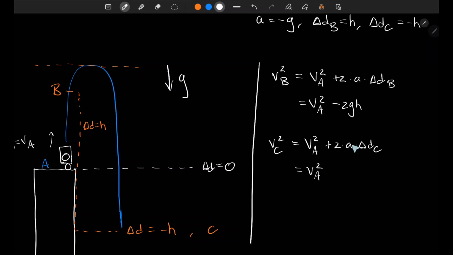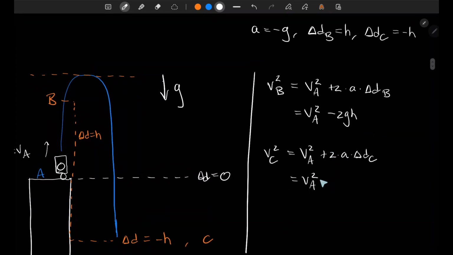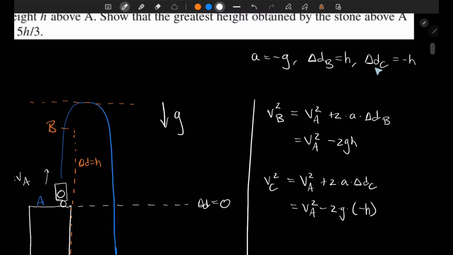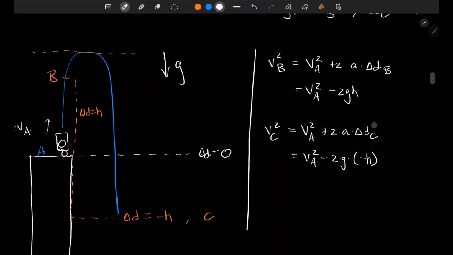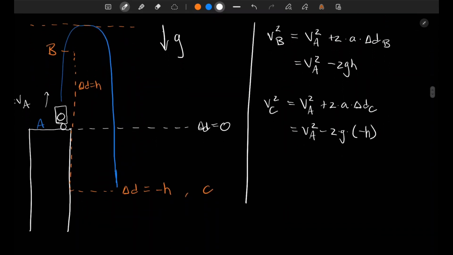And now, a is still negative g, so we have minus 2 times g times negative h. And it's negative because delta d at point C is negative h because it's below point A. So we have two negatives, so that really becomes vA squared plus 2gh.